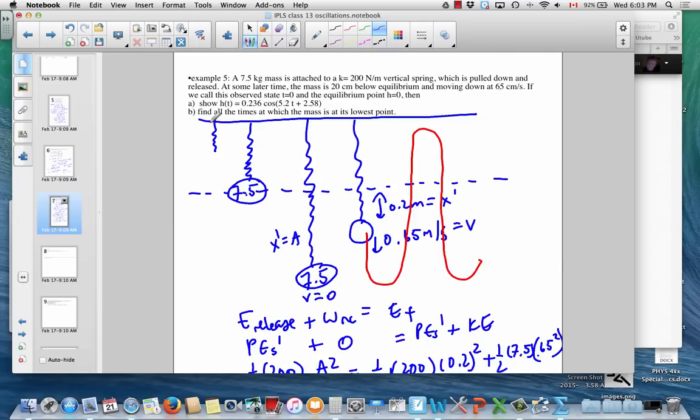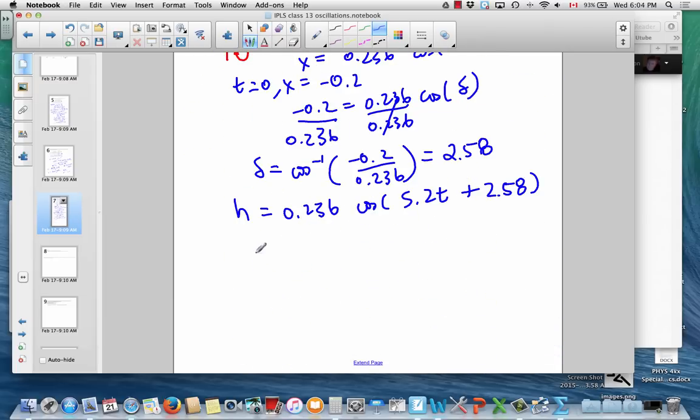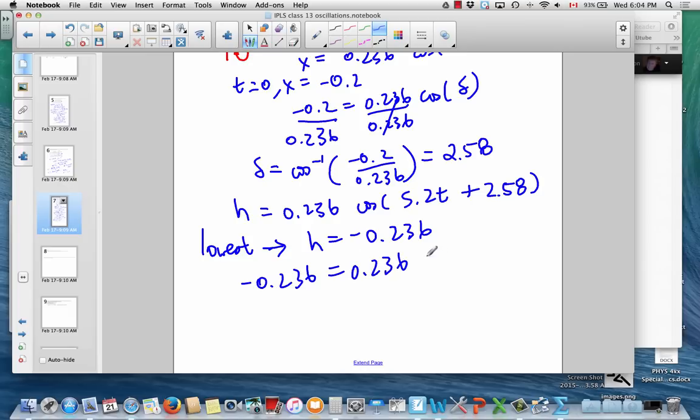Boom. Now, to find the times at which the mass is at its lowest point. Well, at the lowest point, that implies h is minus 0.236. So you put minus 0.236 on this side. And you try and solve for t.